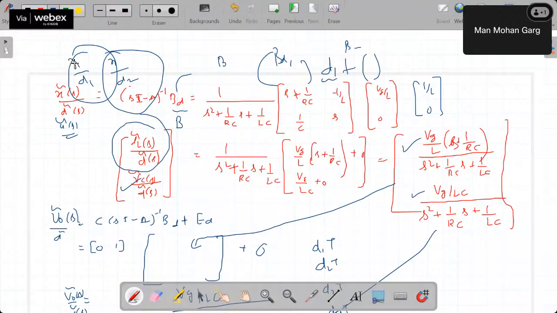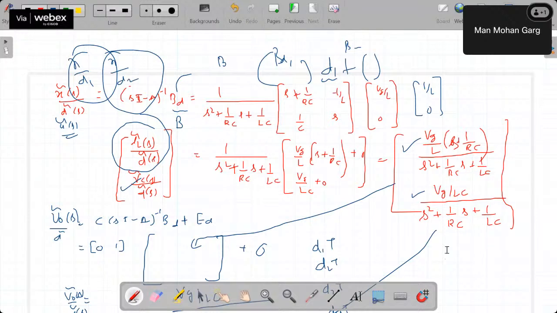Then these generalized steps remain the same. Only the number of control variables, the number of duty cycles based upon switches, keeps increasing. Accordingly, BD1, BD2 keep increasing. Okay, so I hope that answers the second question also.